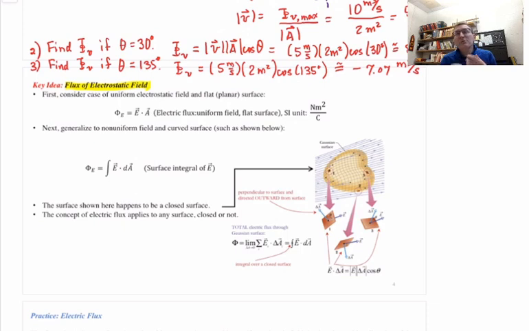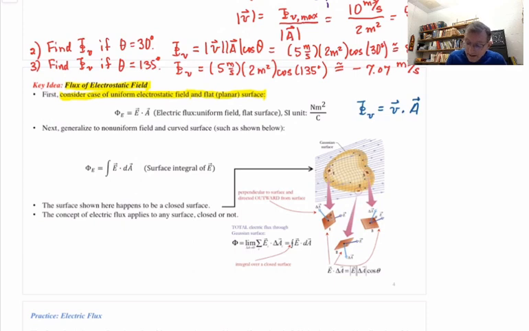So is there something actually physically flowing now through a surface? No. But I can have electric field vectors piercing the surface. The first case, just to get warmed up, is a uniform electrostatic field and a flat or planar surface, which is just the kind of situation I was dealing with for the water and the velocity flux. And we wrote velocity flux in such a case as v dot A arrow, because I defined something called an area vector for the surface.